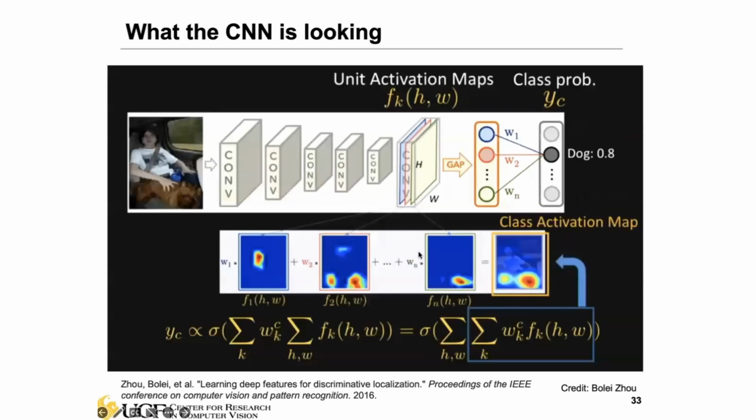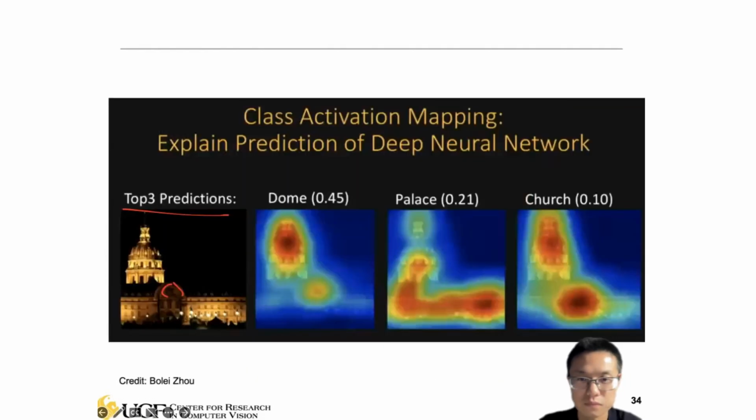This weighted feature map is able to identify the region where the network is focused the most. The decision made is mostly focused on these particular regions. This is the class activation map, which highlights the pixels or regions from the image, okay?